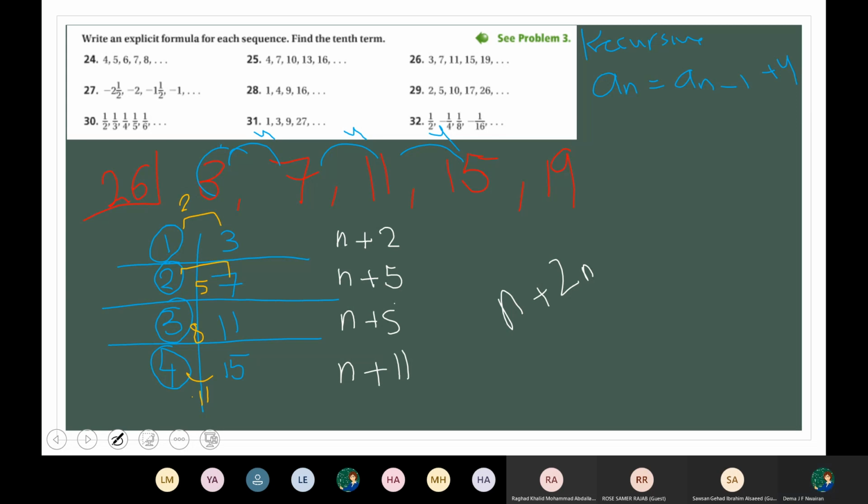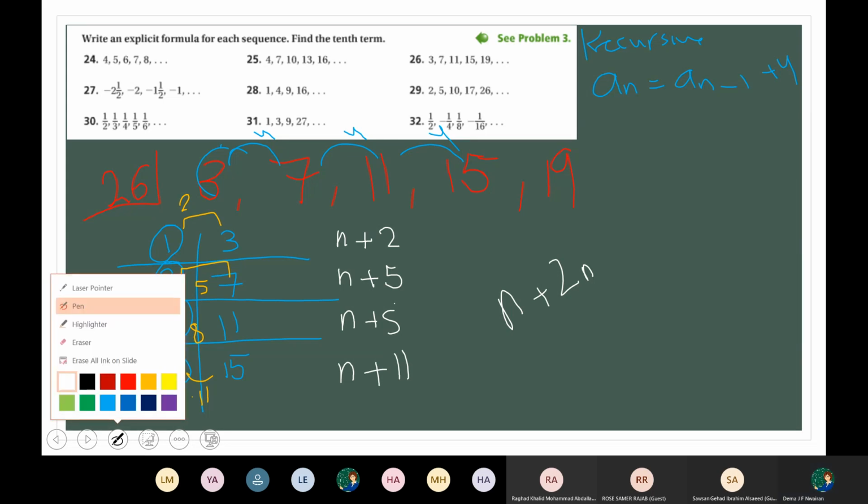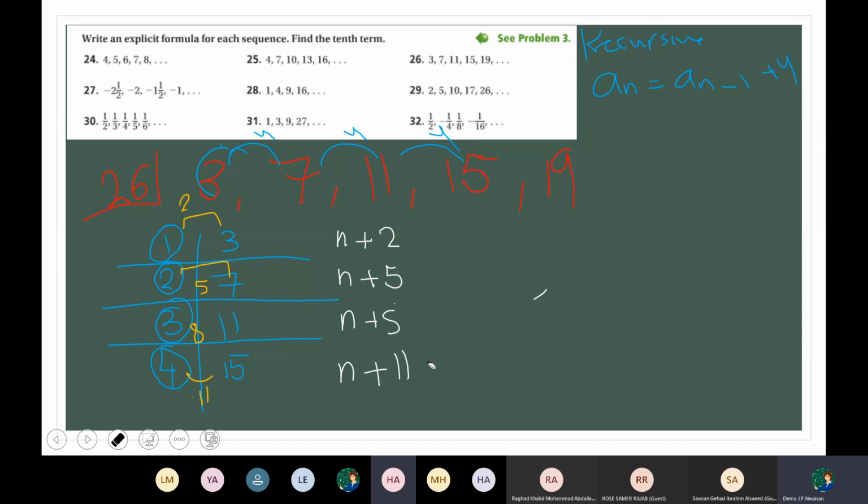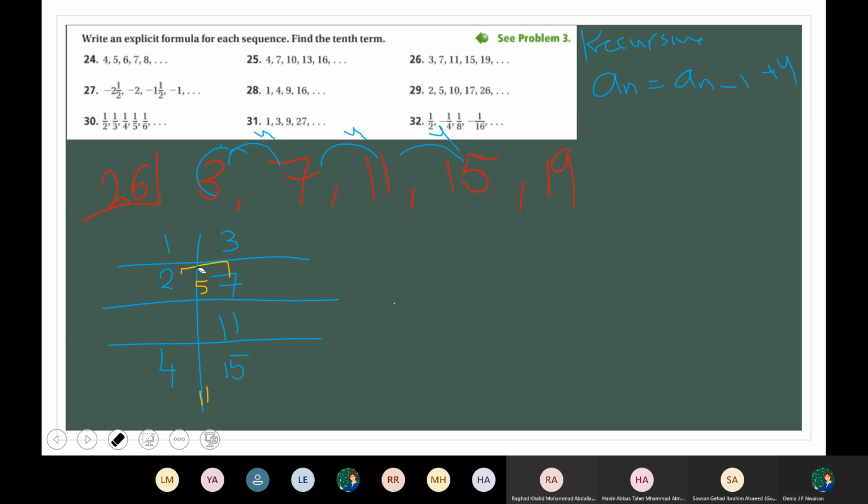So you can tell me, Haneen. Yes, teacher, give me a moment. I'm still doing something. I can't find it. Yeah, I'm waiting. Teacher, if you make it n to the power 2 plus 1, it will be all the same.